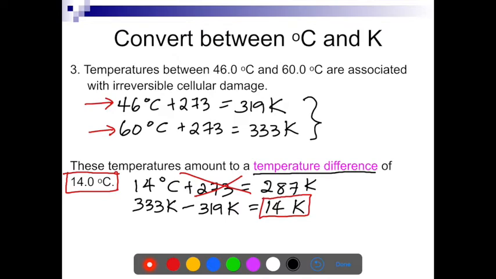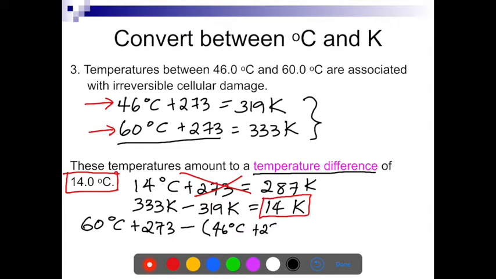So that will be 60 degrees Celsius plus 273. Okay. So that's for this bit here, minus 46 degrees Celsius plus 273, and that's for this bit here.